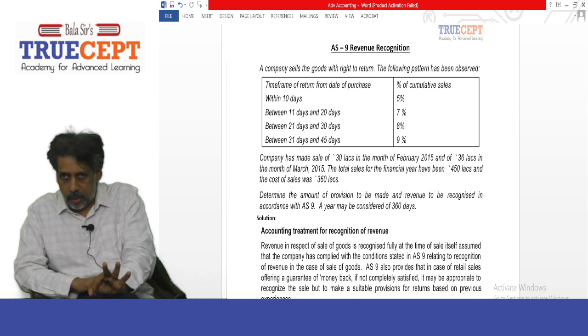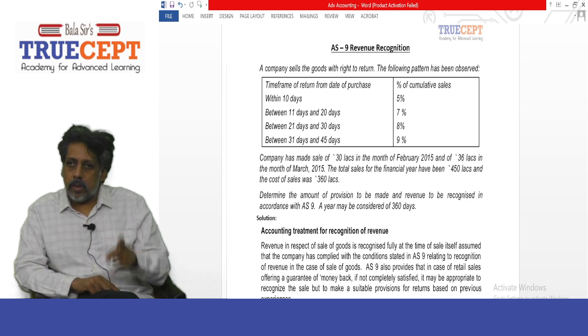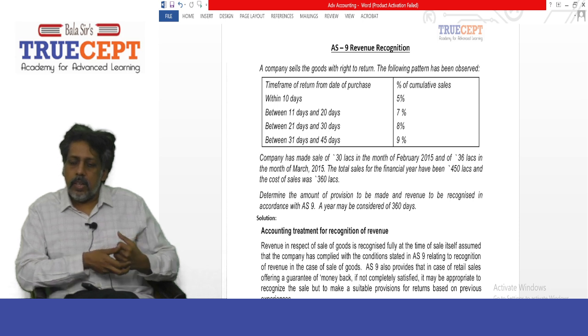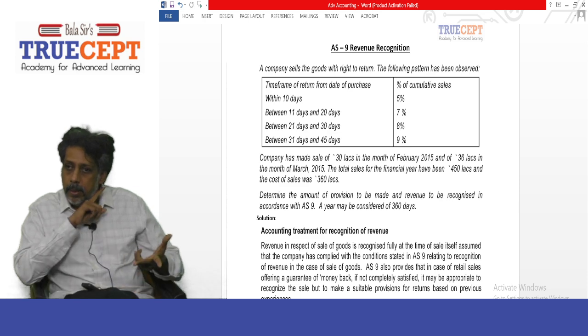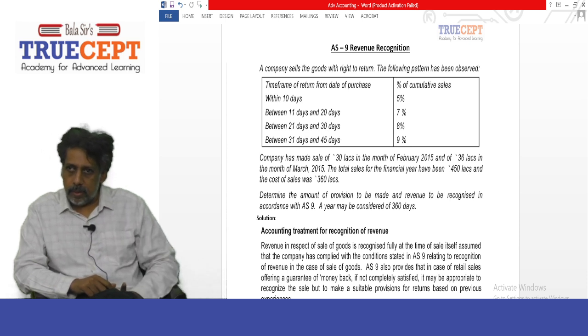That is the assumption you make. If all the goods were sold to your customers on 30th March, that means the 12 lakh rupees worth of goods may be returned in the next 10 days in April.